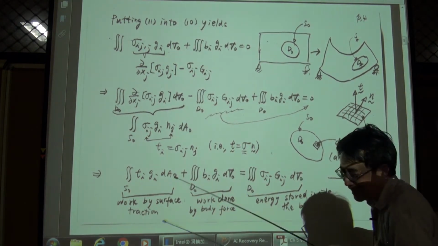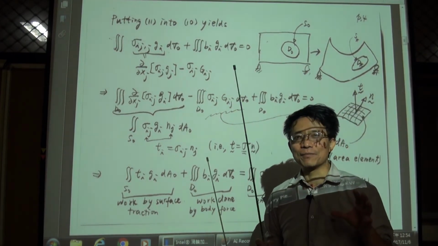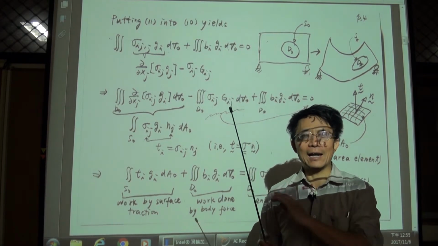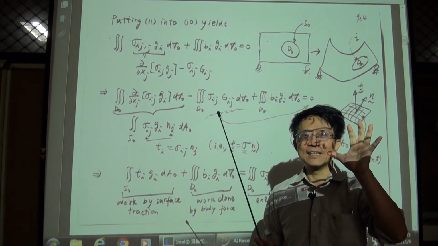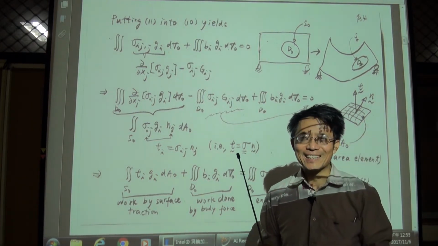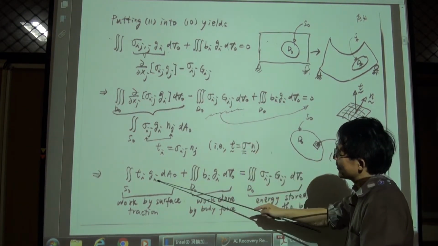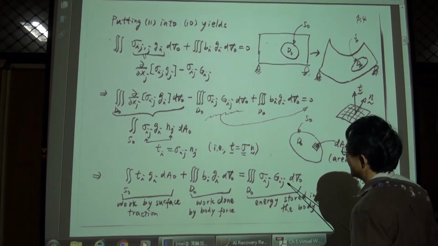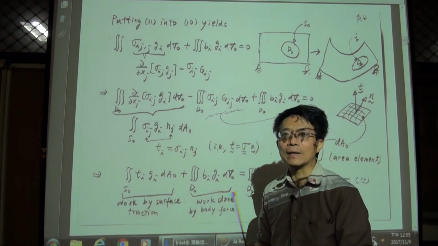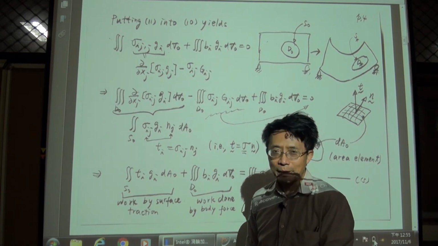But I did it on purpose. I began with the equilibrium equation and then took the inner product with Gi. I never said that Gi is representing the virtual displacement. So this mathematical formula holds, is correct, without saying that Gi is a virtual displacement.